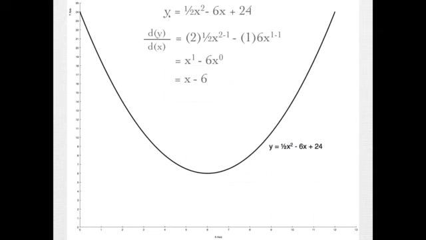So the derivative of y is equal to 1/2 x squared minus 6x plus 24 is equal to x minus 6. Make sure you're comfortable with this, taking that derivative, because we're going to use this a number of times through the course. And if you have difficulties with this, you're going to really struggle with a good portion of the material that we're covering in the course.